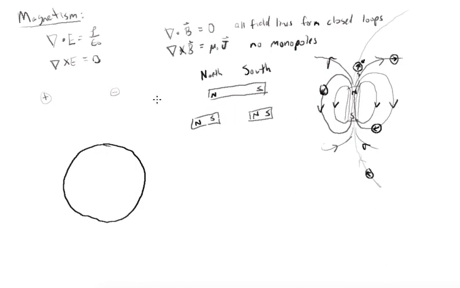So if you're on Earth, right, this is Earth, and you're holding a magnet or a compass, and the north end of that magnet points toward the North Pole, that should tell you that this is not actually the North Pole. That's the South Pole.